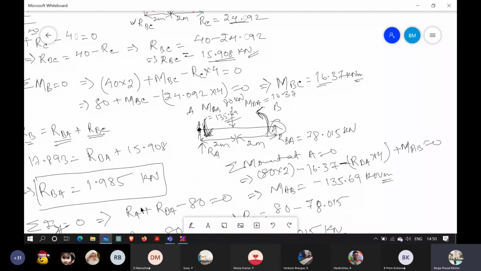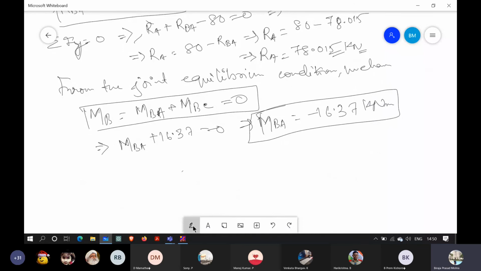So we have found out all the moments, all the reactions, and now I will plot the diagram for the shear force. I am leaving the other part, the bending moment, to be done by you.